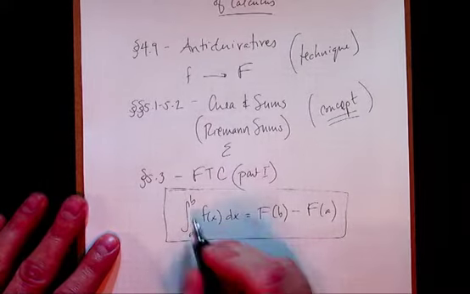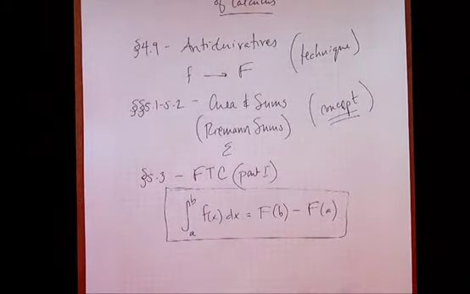It's just a sum of an infinite number of infinitesimally thin cross-sections, and that's why we no longer get an approximate answer when we're looking for area under the curve or whatever your integral stands for. You get an exact answer, okay?